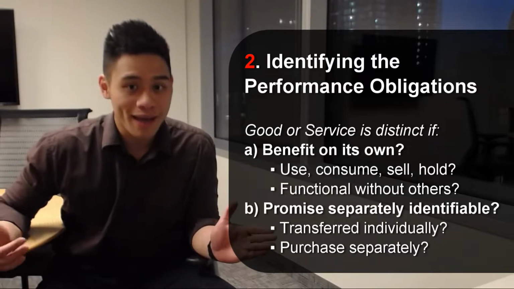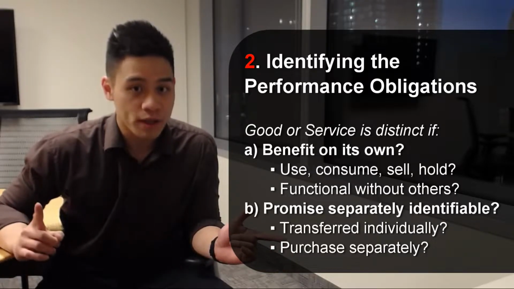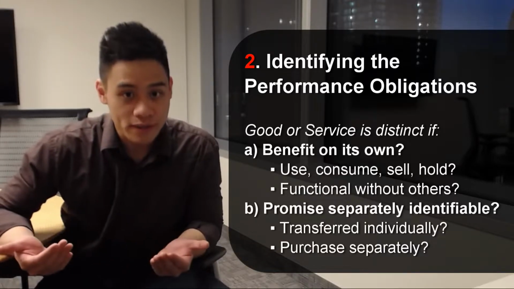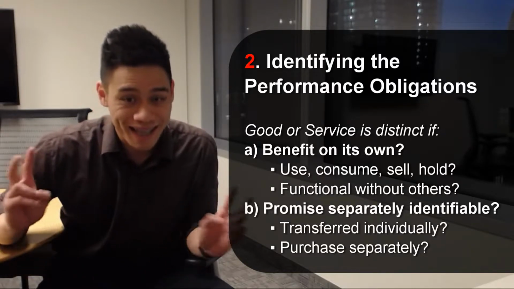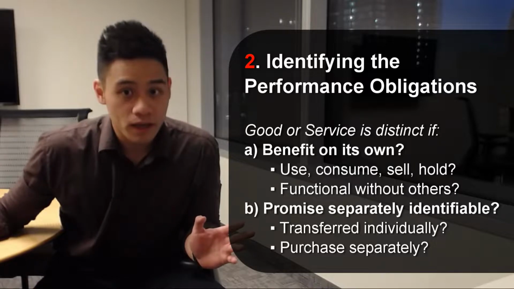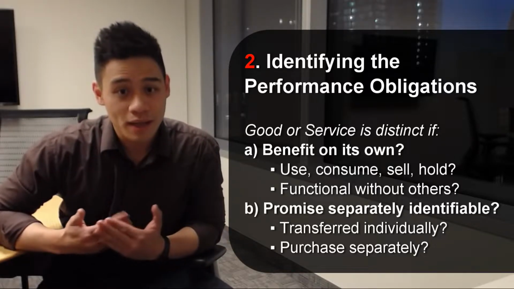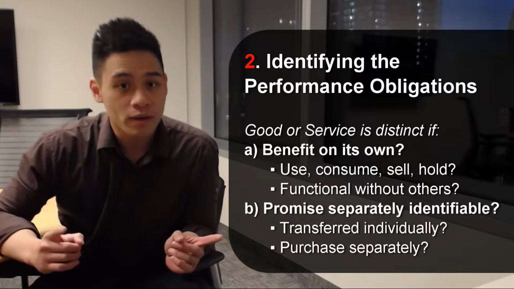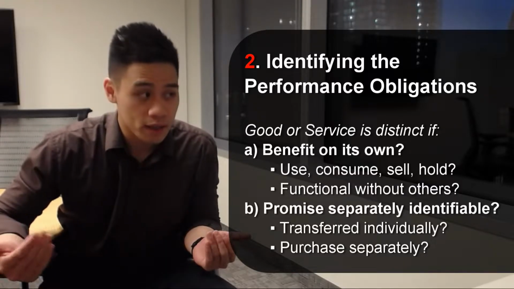Moving on to step 2, identifying the performance obligations in the contract. Can we separate the performance obligations in the contract? A good or service promised to a customer is distinct if these following 2 points are met. Can the customer benefit from the good or the service on its own or with other resources that are readily available to the customer?